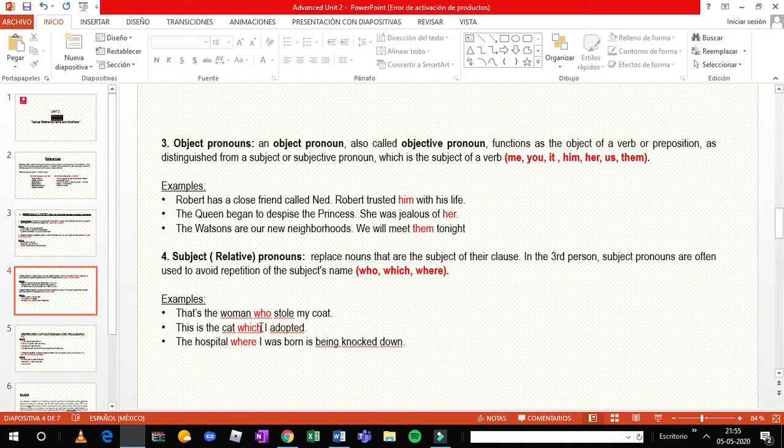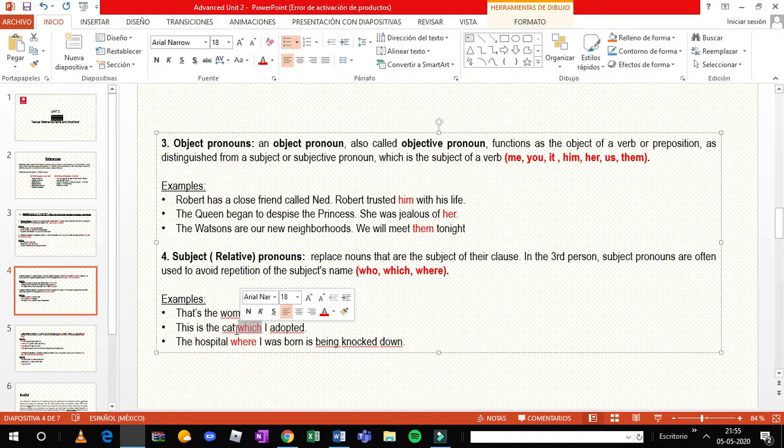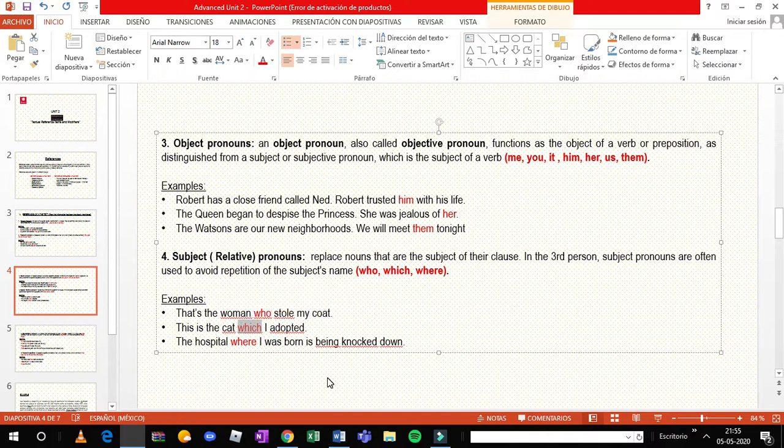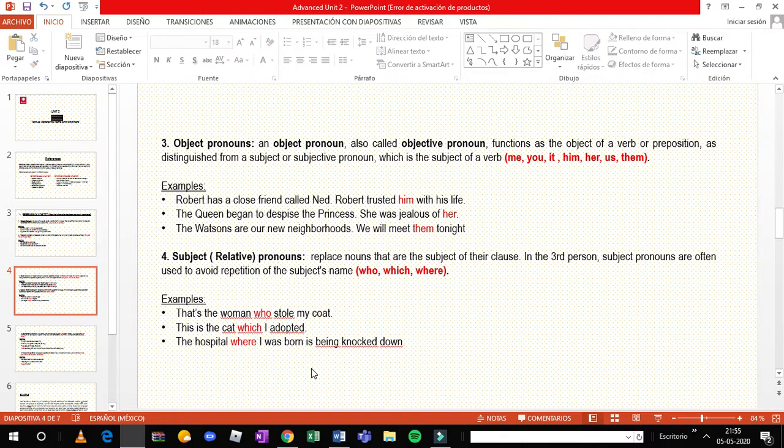This is the cat which I adopted. Remember that for animals, we almost never use who. It's very difficult to use who. So in this case, it's which to refer to things in general, including animals.